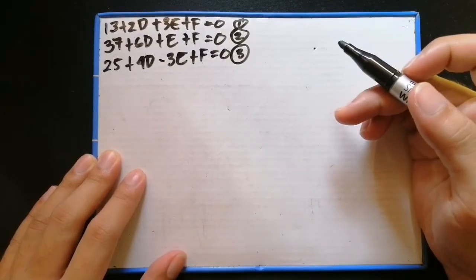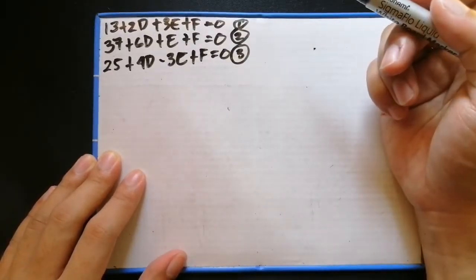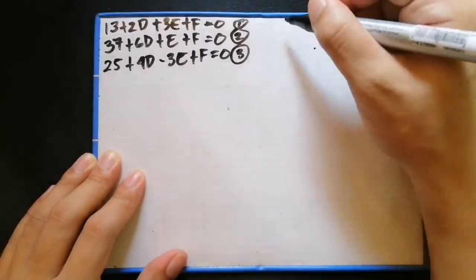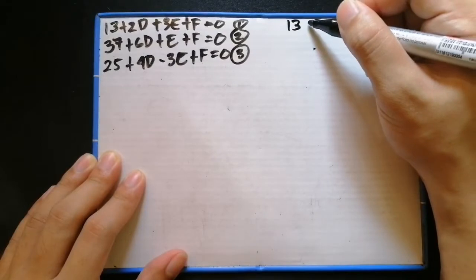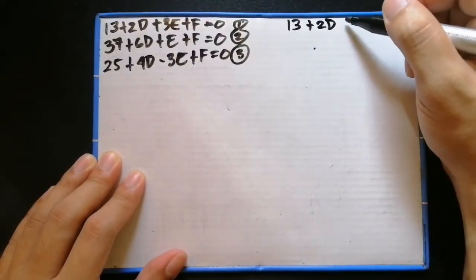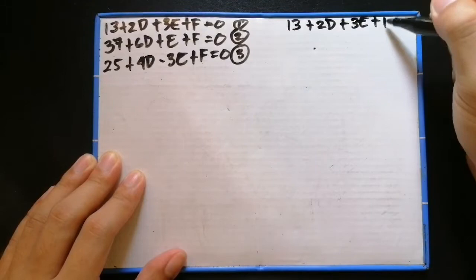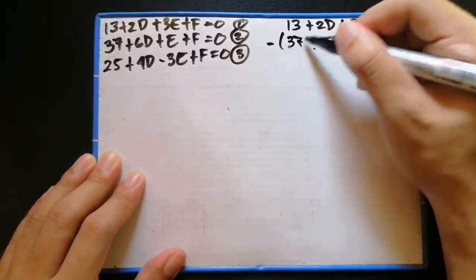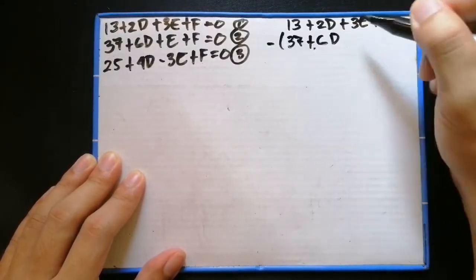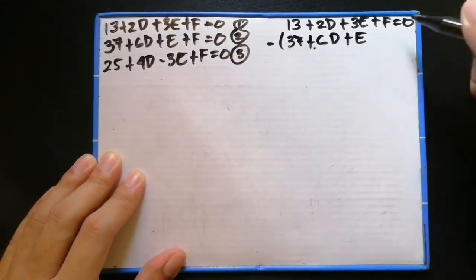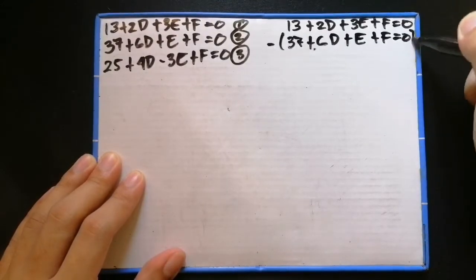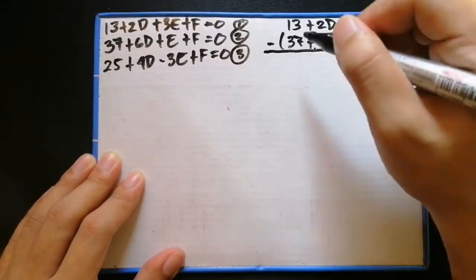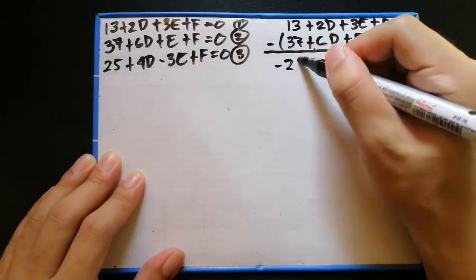So, to eliminate F in equations 1 and 2, what we will do is subtraction. So, 13 plus 2D plus 3E plus F is equal to 0 minus 37 plus 6D plus E plus F is equal to 0. 13 minus 37 is negative 24.